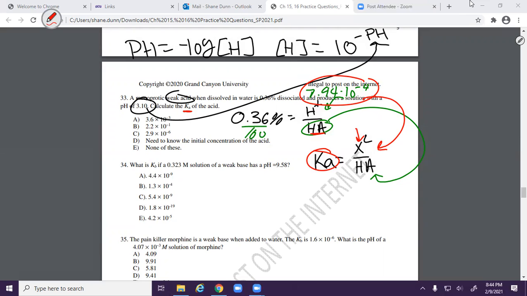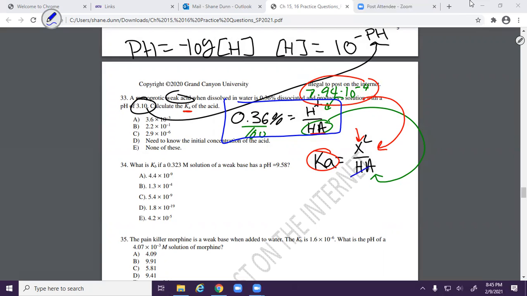How do you get HA? 7.9 times 10 to the negative 4th, right? That number divided by 0.0036, correct? Gives you what? 0.2194.